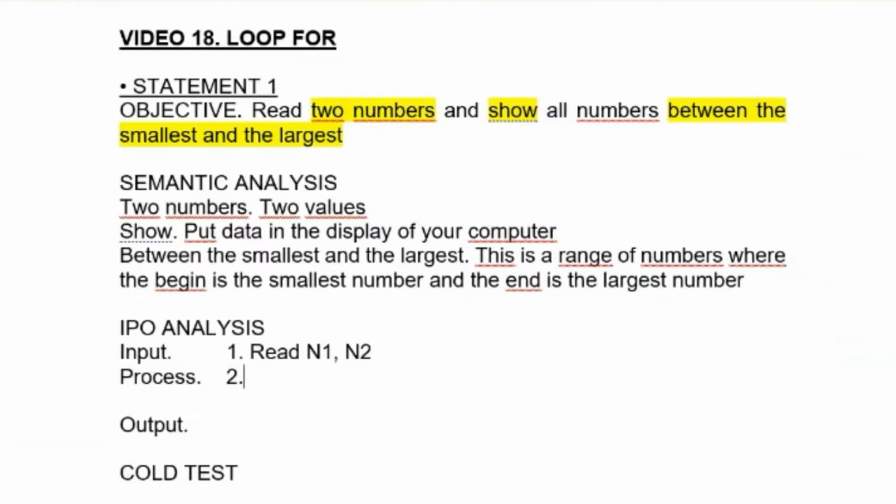Process. Second step. We are in the loop form. So you write for aus, a variable, begin in N1, to N2, step 1.